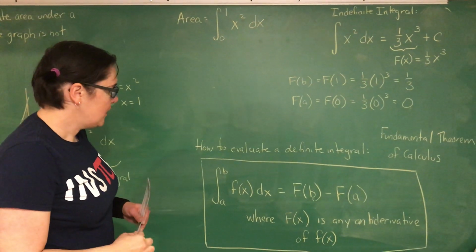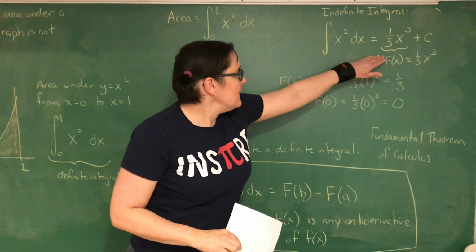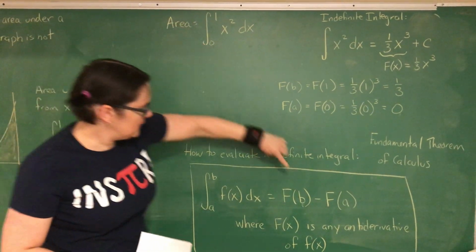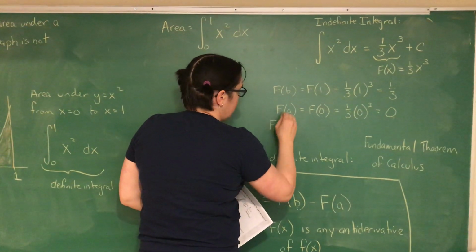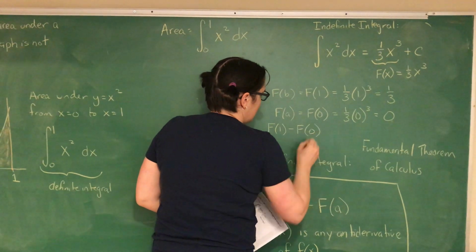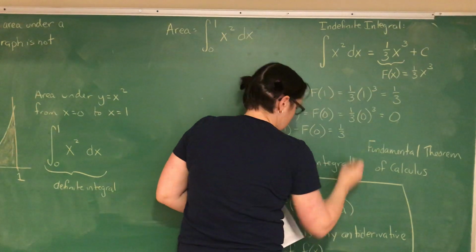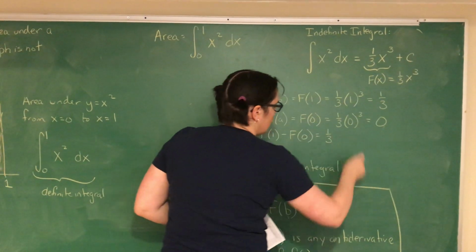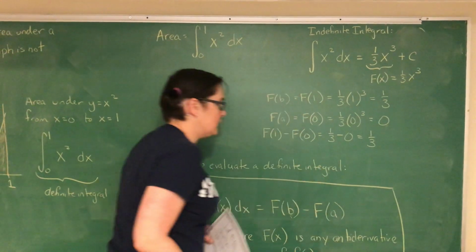The fundamental theorem of calculus says find the antiderivative, plug in the top number, plug in the bottom number, and subtract. So F of b, which is capital F of 1, minus capital F of a, which is capital F of 0, is going to be 1/3 minus 0, which is 1/3.